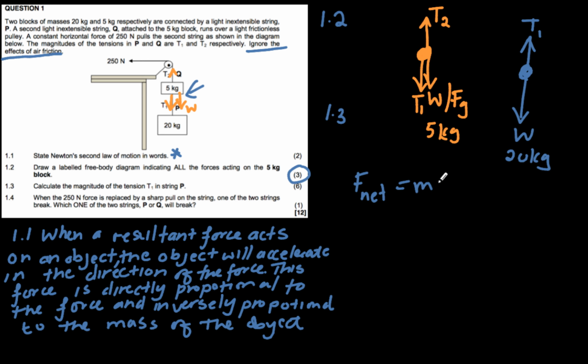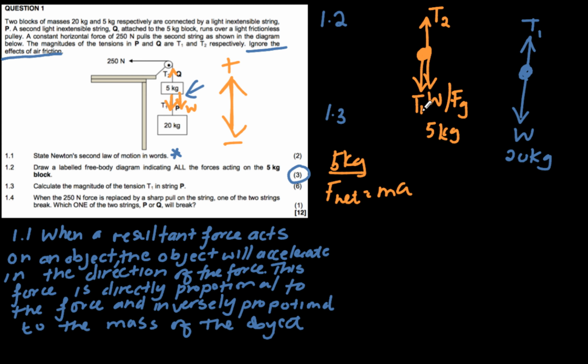F net is equal to mass times acceleration. Hence, for the 5 kg block, F net is equal to mass times acceleration. To find the net force, we're going to use positive and negative.